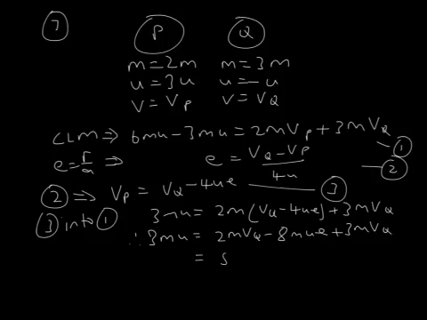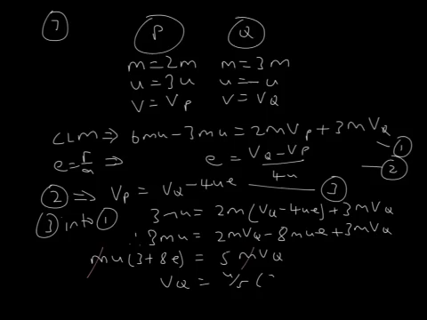So let's put that over here. And then we've got 8mue and 3mu. Let's put that over there. m and u are factors, so it's mu and it's 3 plus 8e. Obviously the m's cancel. So we get vq equals u over 5, 3 plus 8e, as required.